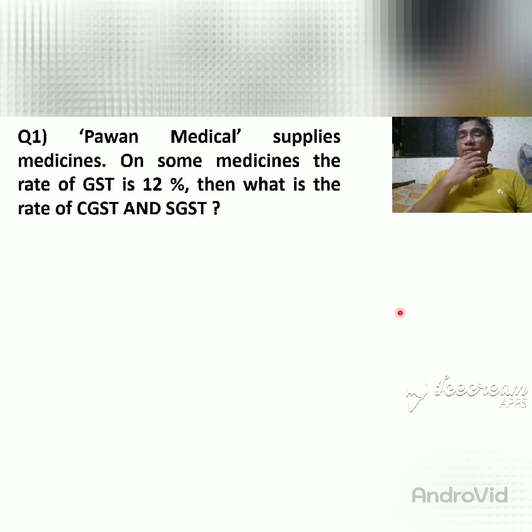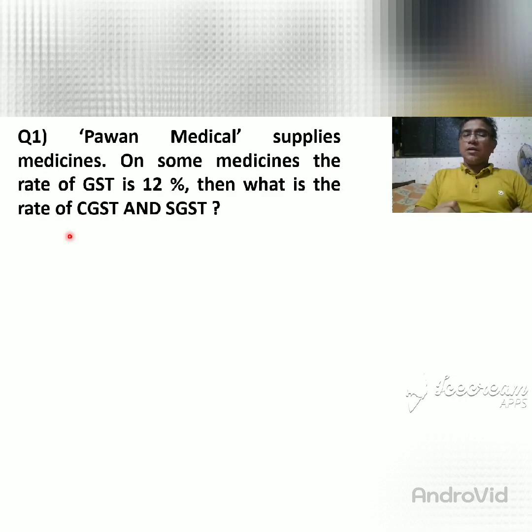We are going to start practice set 4.1, problem number 1. Pawan Medical supplies medicine. On some medicine, the rate of GST is 12%. Then what is the rate of CGST and SGST?